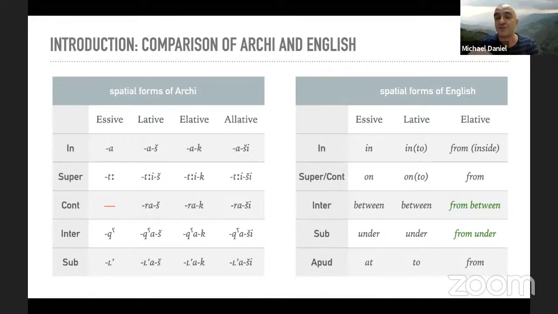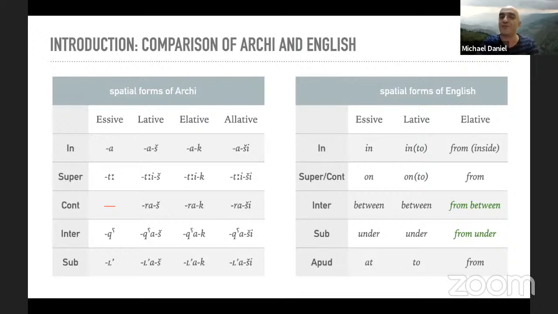So I don't think I have to really convince you that there is much less regularity in the English table than in the Archie table. The only thing that I wanted to stress is that in the English table, you also have some regular structures, like for inter and sub. You have between the same for essive and lative, that happens also in East Caucasian languages, but it is regularly distinguished from elative, from between.